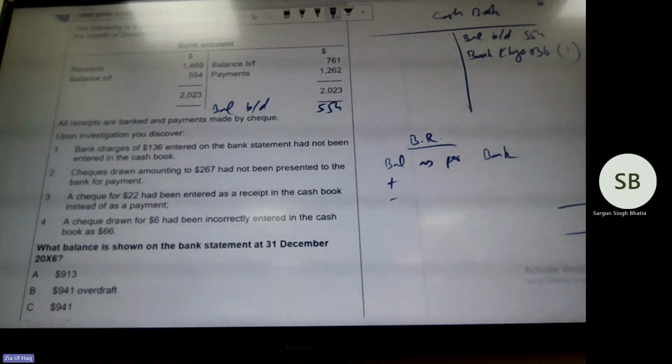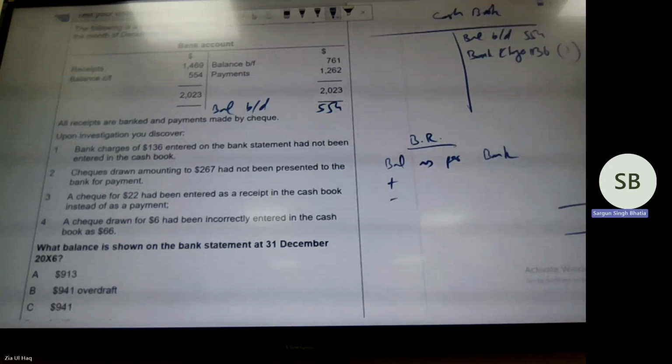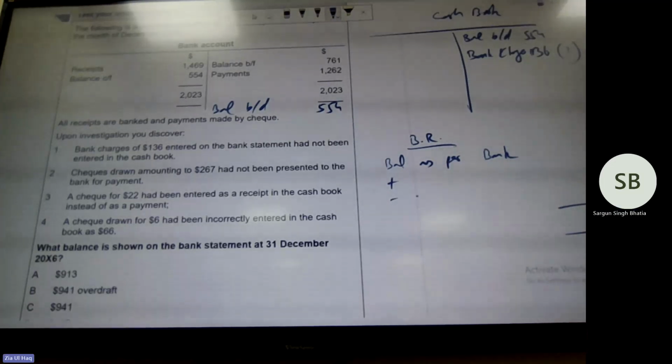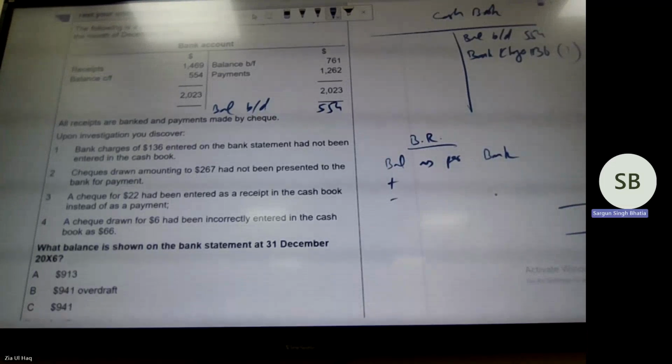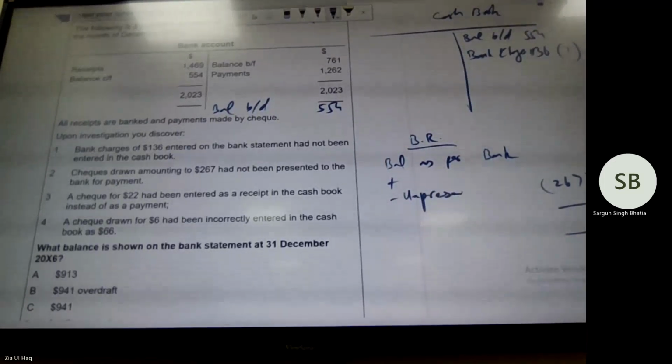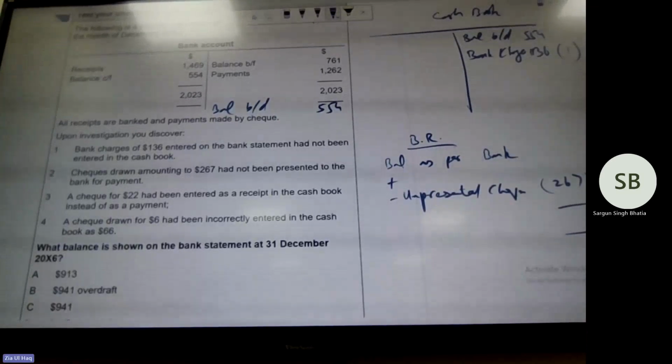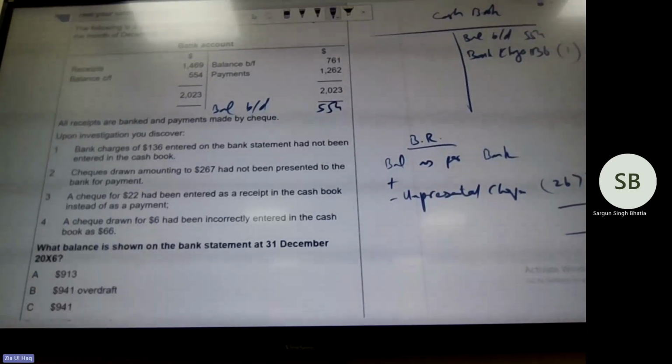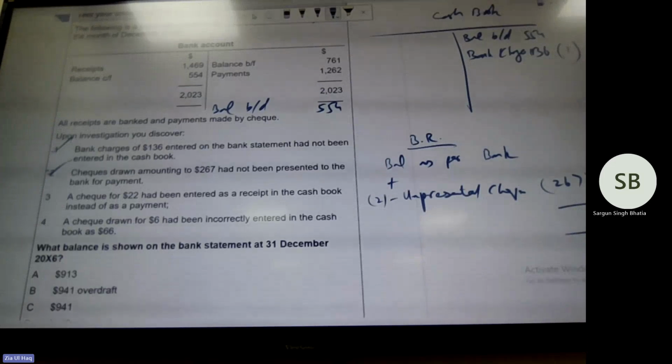Due to this, we are having benefit, so we deduct from the passbook. So 267 should be deducted from the passbook, and this should not be recorded in the cash book. So 1 done, 2 done, 3. A check for 22 had been entered as a receipt in the cash book instead of as a payment.